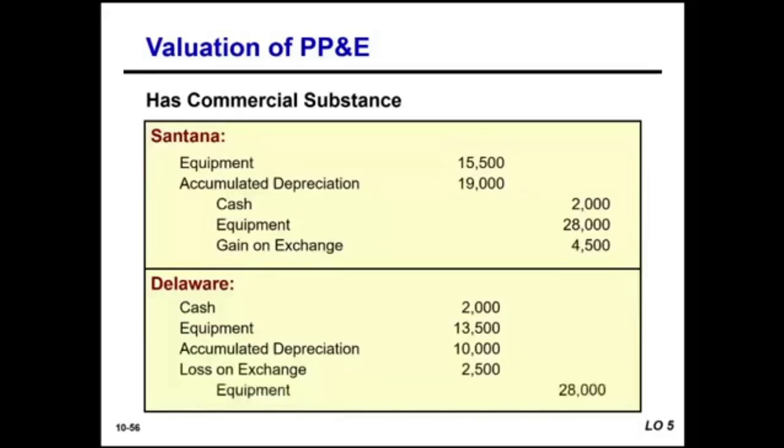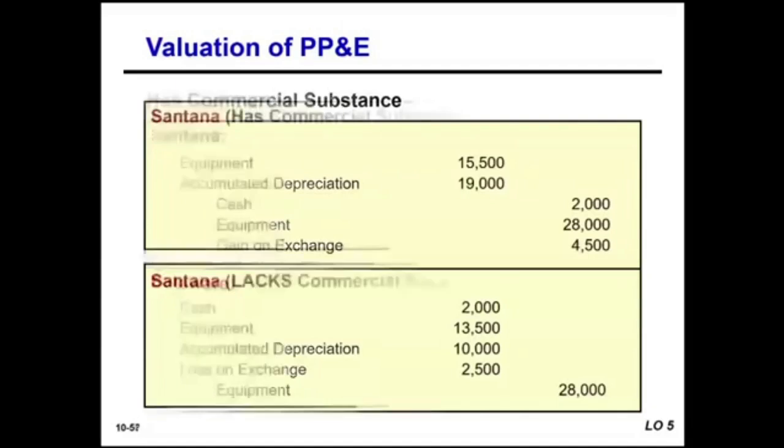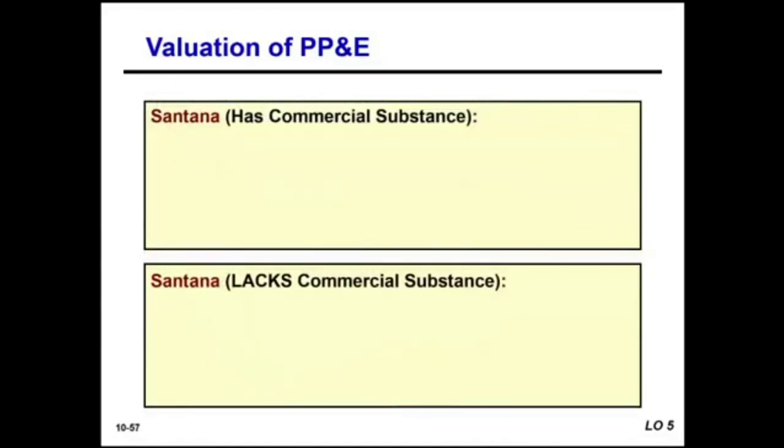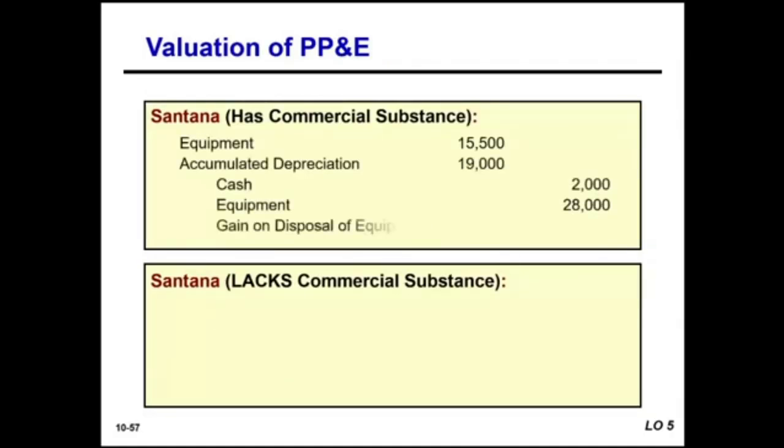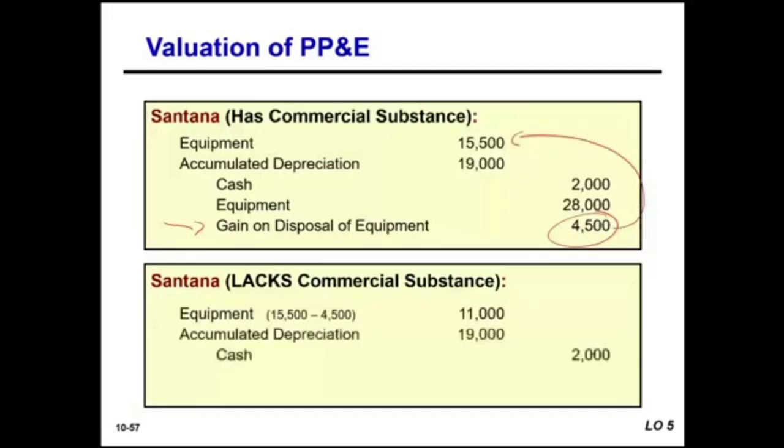Okay. So this is if it has commercial substance. Assuming here it has commercial substance. So if it has commercial substance, notice here, the gain is recorded. If it lacks commercial substance, this amount here will be removed from here and reduce the equipment. So if it lacks commercial substance, the cost of the equipment goes down.